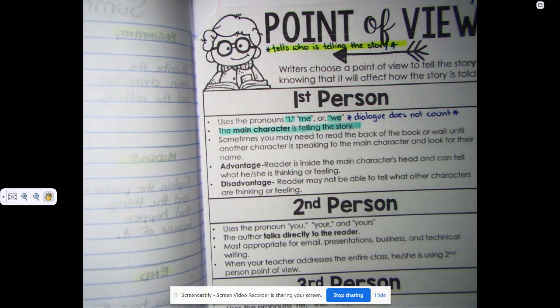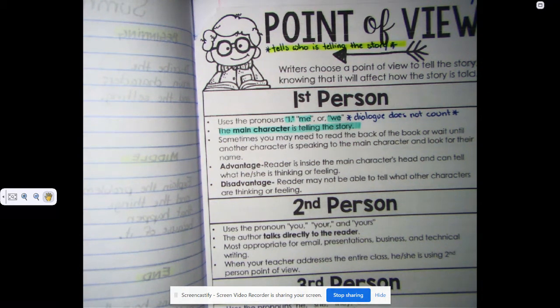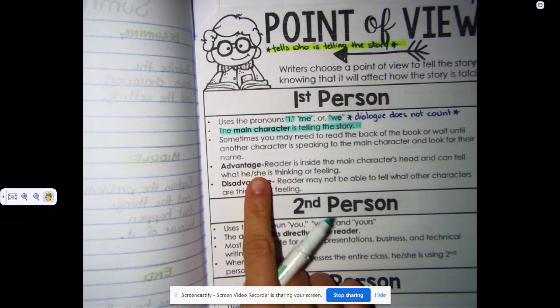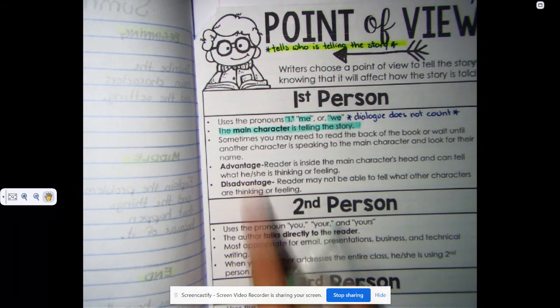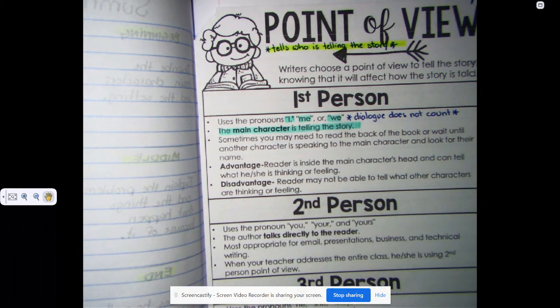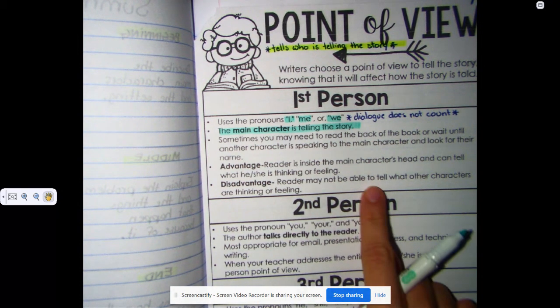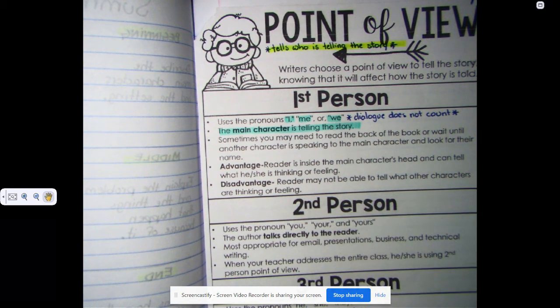Sometimes you have to read back to the book or wait until another character is talking so that we can learn what the main character's name is because they're not going to call themselves by their own name. Okay, some advantages of reading a book with first person is that the reader is inside the main character's head and can tell what he or she is thinking or feeling. A disadvantage is that we may not be able to tell what other characters are thinking or feeling.